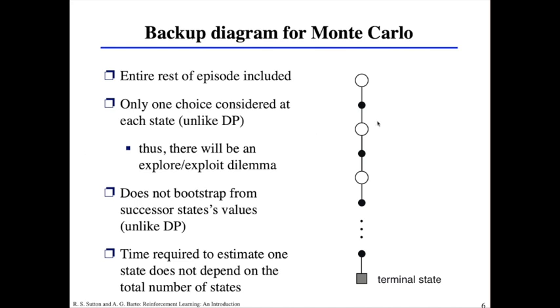So an important part of how this works is that it's just following a particular policy. It has that policy given, and it's just trying to evaluate how good it is, right? You just try it out, and when you get the score at the end, you update your states. Remember, in dynamic programming we would always use the v value of the next state.